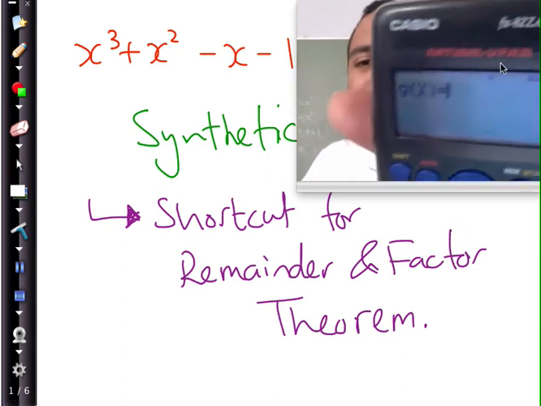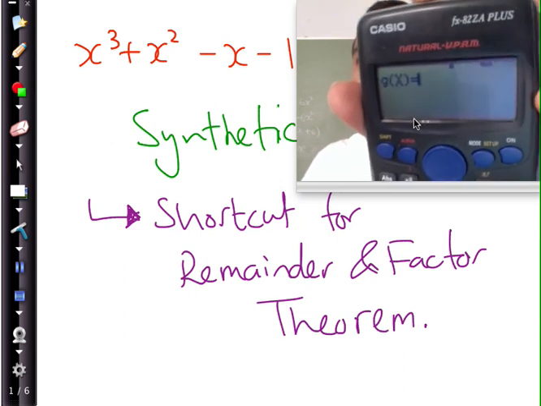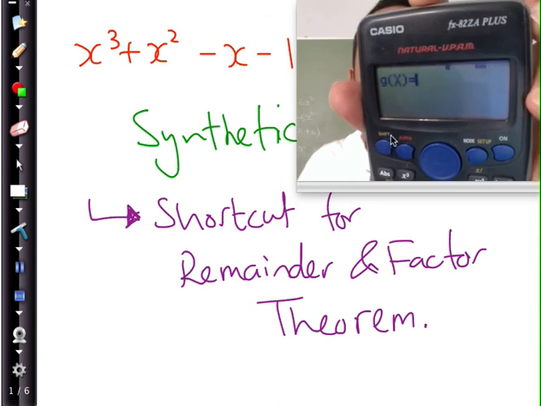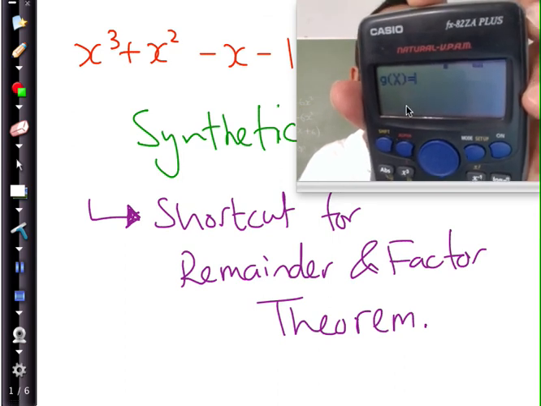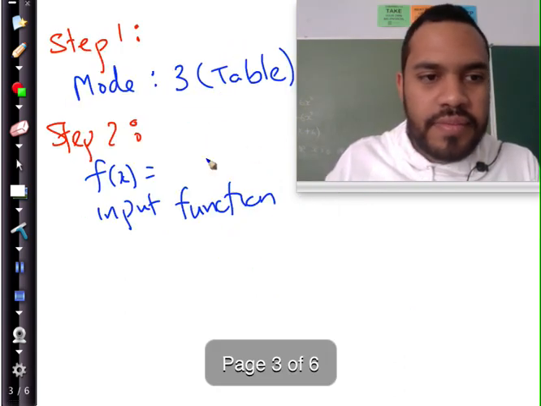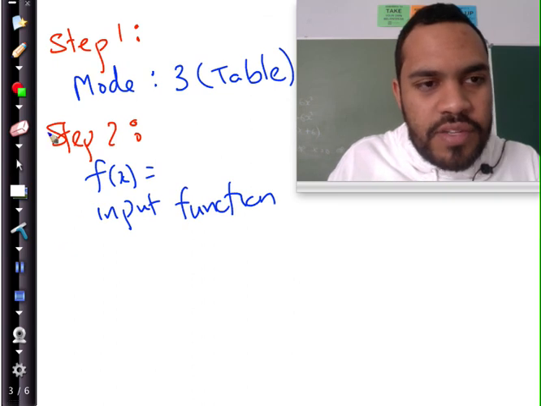Now some of your calculators might ask you for g of x, some may not. Do not stress. If it doesn't ask you for g of x, don't stress. So step 3 is press equal to.